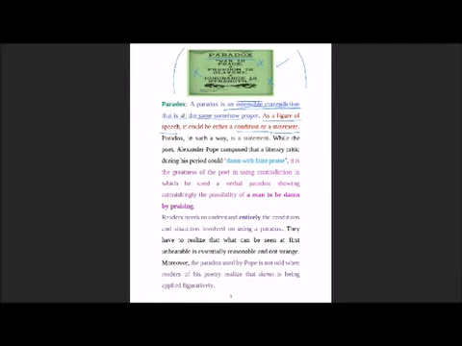In such a way, it is a statement by the poet Alexander Pope, the Augustan age poet of the 18th century, who composed that a literary critic during his period could damn with faint praise.